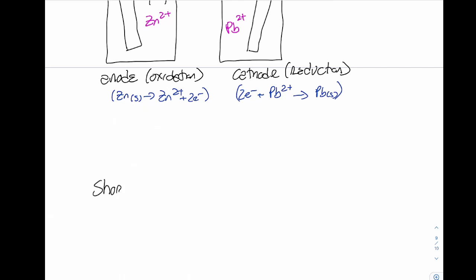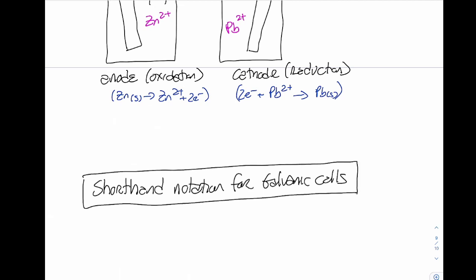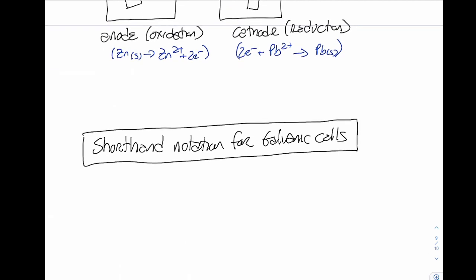So just leave yourself a line or two. So, shorthand notation for galvanic cells. This is going to sound kind of confusing at first, but just bear with me. When we apply it to an example, hopefully it'll make a little more sense.